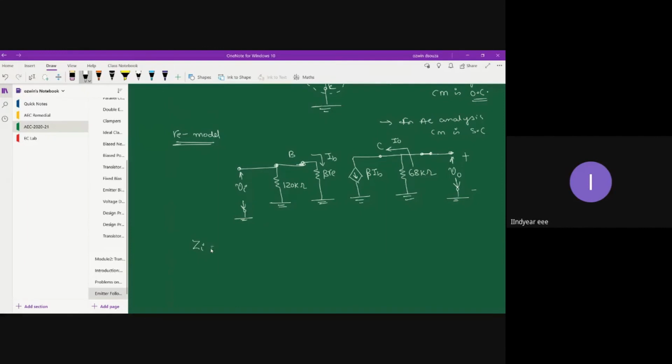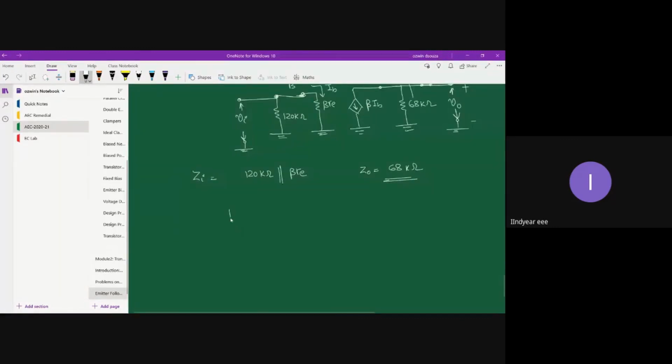So your Zi is going to be 120 kilo ohm parallel with beta Re, and Z naught is going to be 68 kilo ohm.